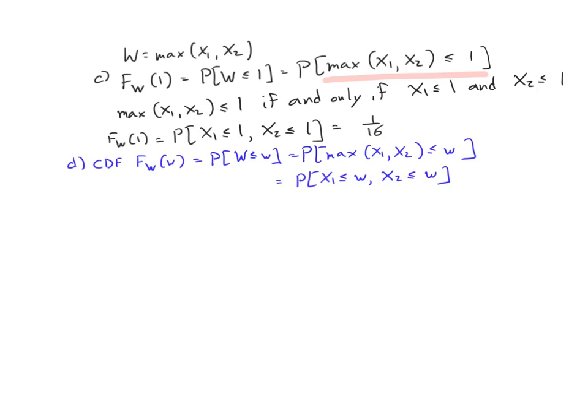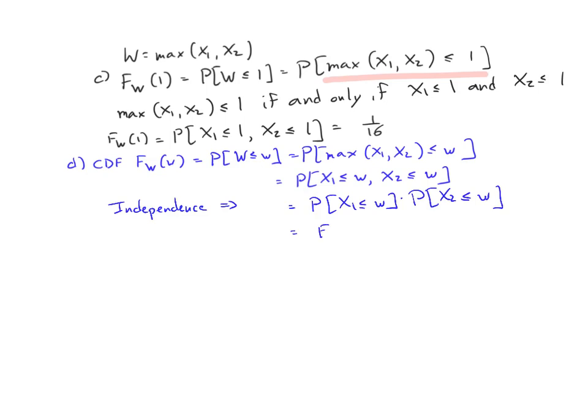So working with it, we know that by independence of x1 and x2, this is equal to the probability x1 is less than or equal to w times the probability x2 is less than or equal to w.